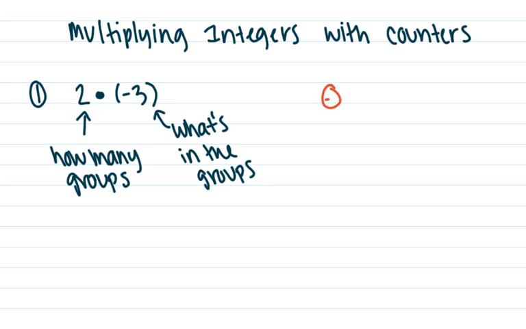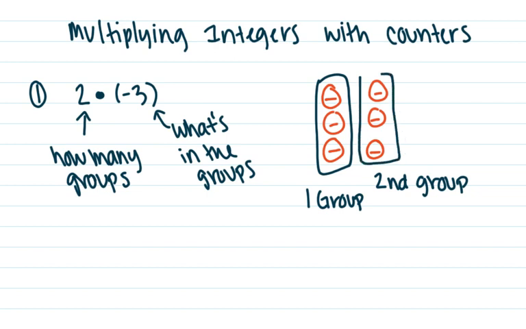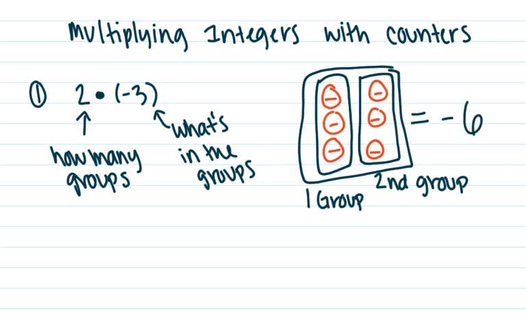I have one group of negative 3 right here, and I have a second group of negative 3 right here. And a grand total then of negative 6 all together. So 2 times negative 3 equals negative 6.